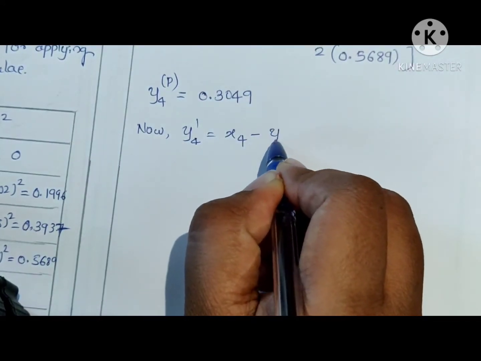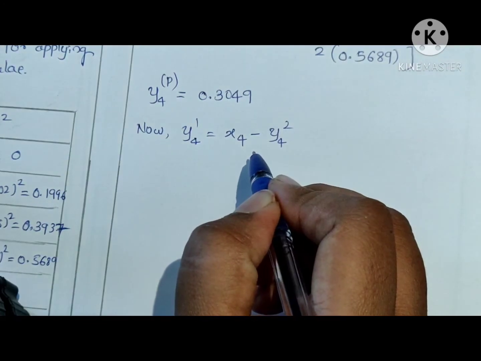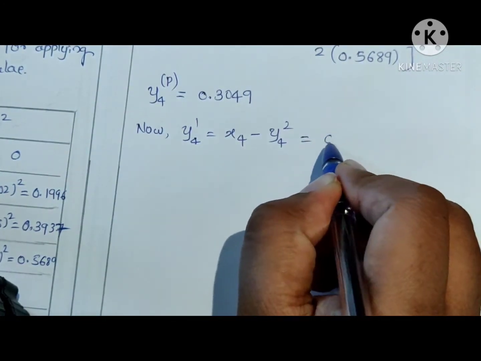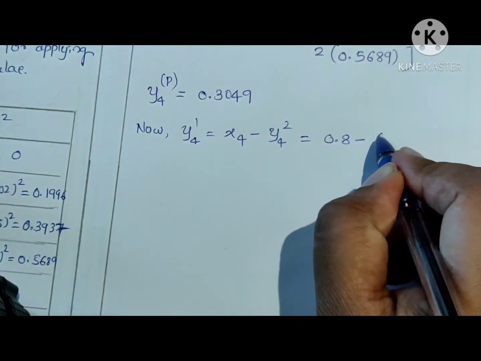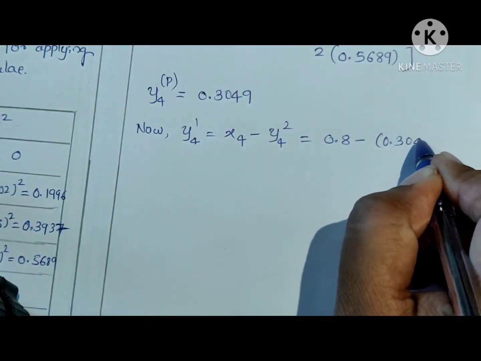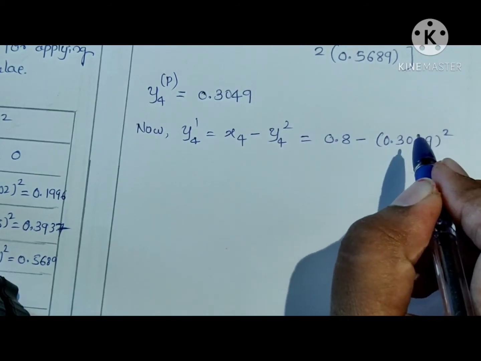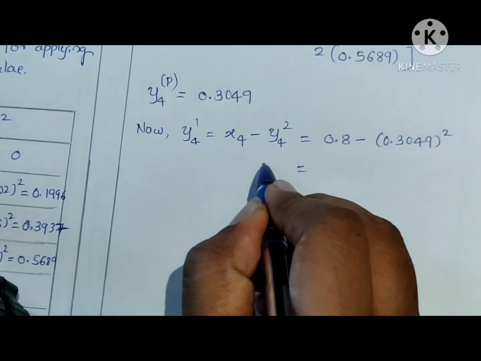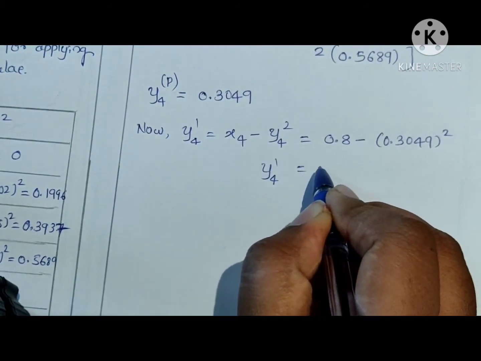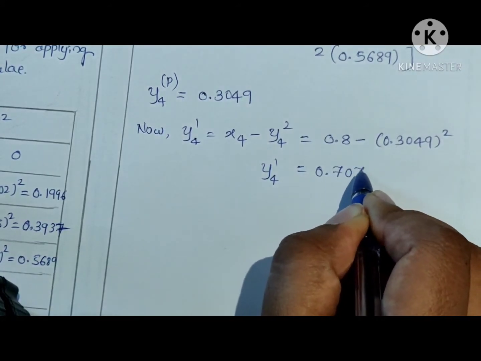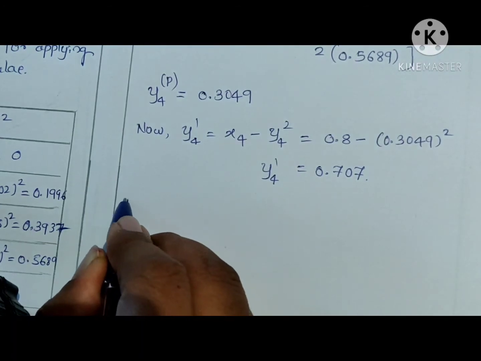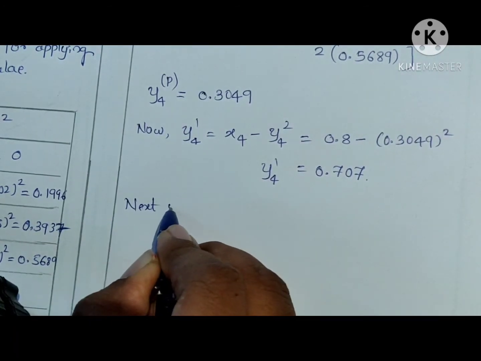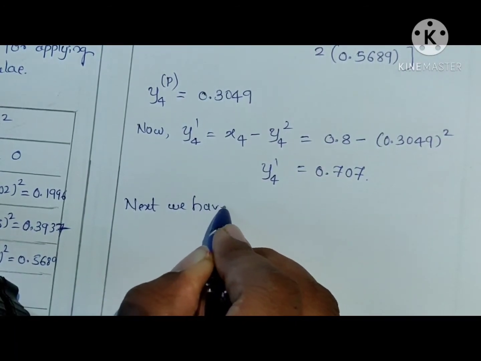So x4 minus y4 square. x4 is 0.8, y4 is what we found: 0.3049 whole square. When you simplify it, you will get y4 dash as 0.707.